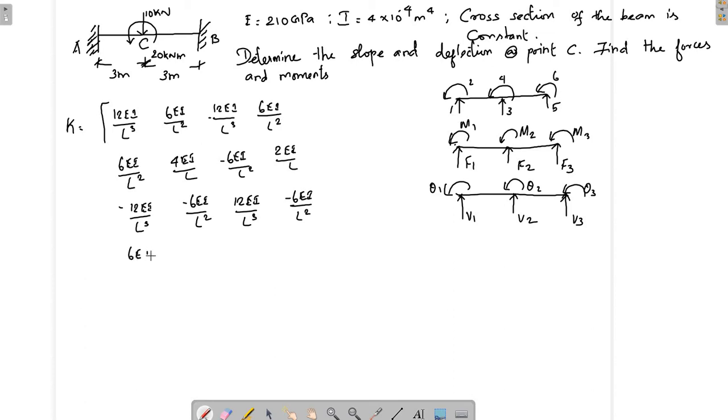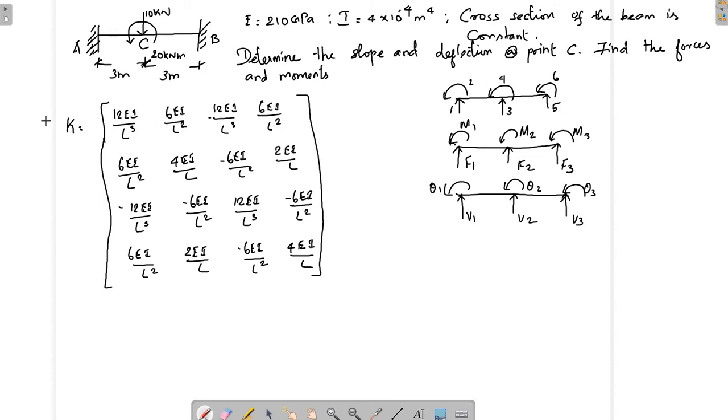So here 6 EI by L square and, the transformation of the rotational matrix, 2 EI by L, that is the moment distribution on both ends, 6 EI by L square, 4 EI by L. So this is our stiffness matrix derived for the beam member. So now we are going to assemble the stiffness matrix with the available value of Young's modulus and the moment of inertia.